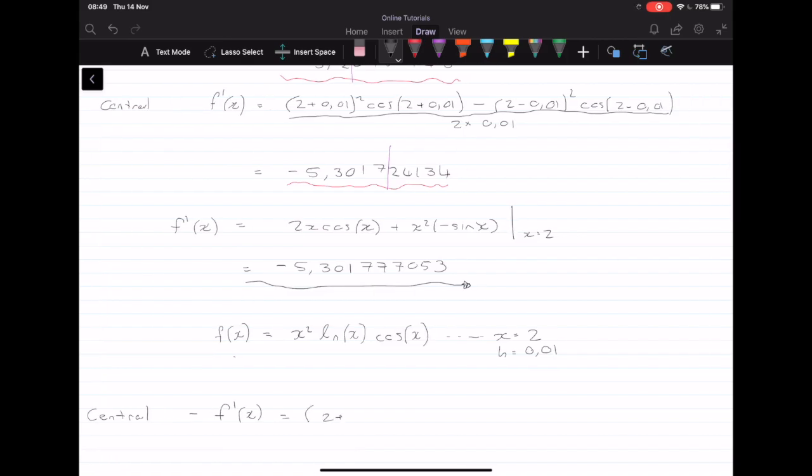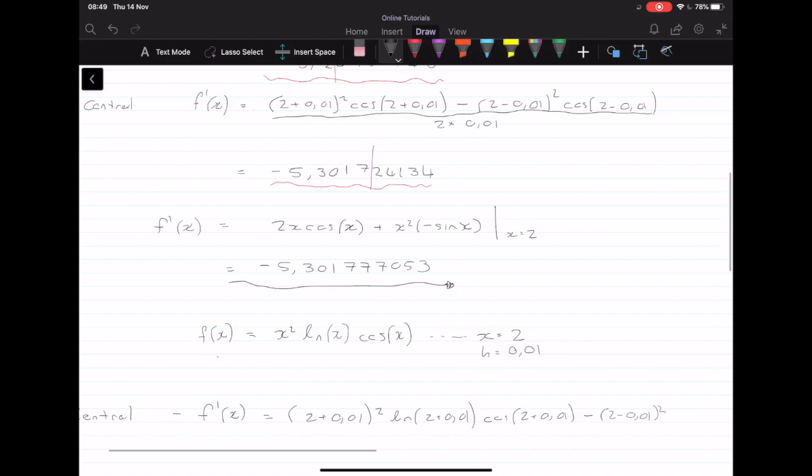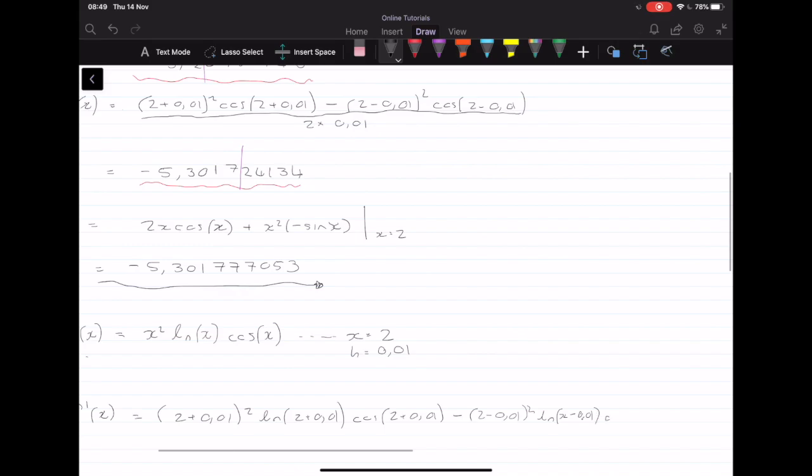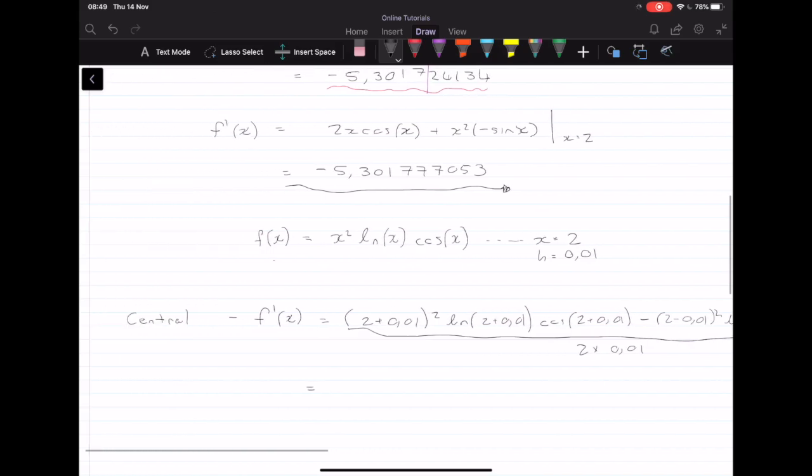We have 2 plus 0.01 squared ln of 2 plus 0.01 cos of 2 plus 0.01, minus 2 minus 0.01 squared ln of 2 minus 0.01 times cos of 2 minus 0.01, all over 2 times h, which is 0.01, and the answer that we get for this is minus 4.7270522.